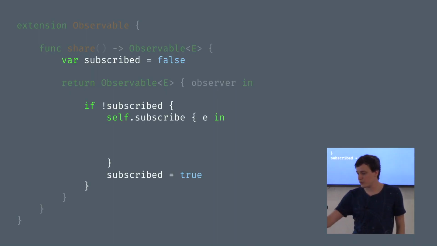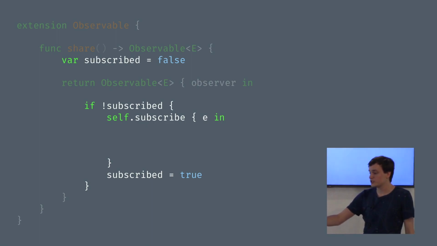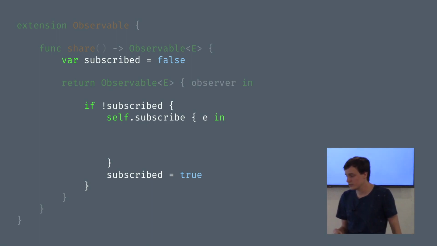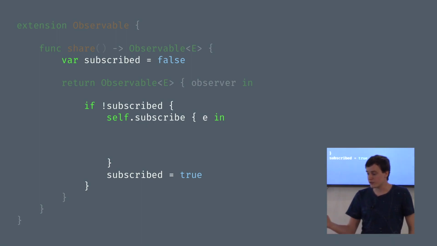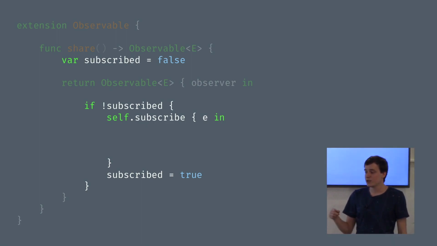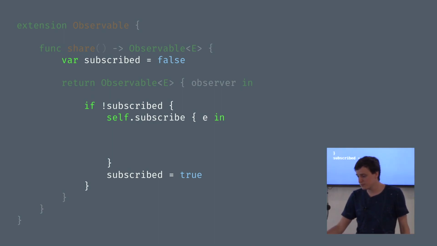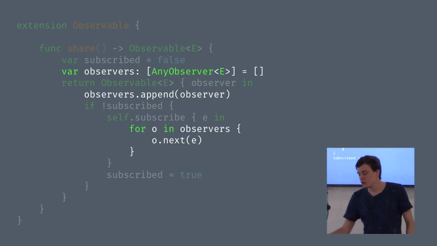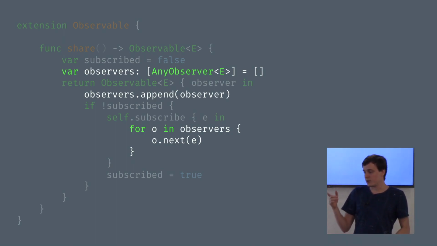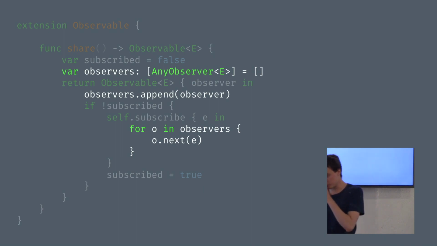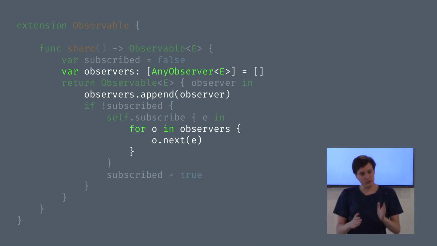So whenever an observer arrives, we're going to check whether it's the first observer or not, using this Boolean. And if it's the first observer, if we have not subscribed yet, we will subscribe to the original observable, the network request, for example. And then, of course, we need to store the observer in an array. We store every observer, not just the first, but also the second, third, and fourth, because whenever an element is received, we need to send it to all interested observers.